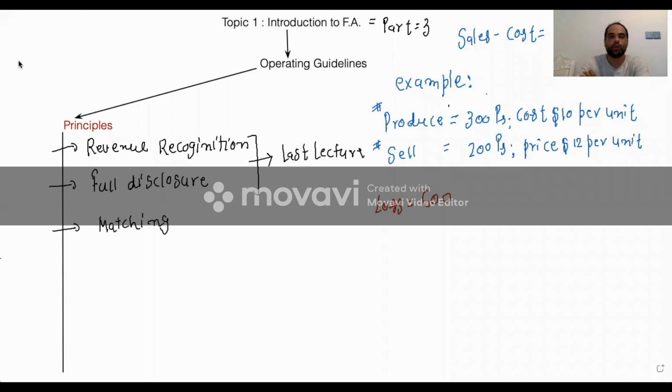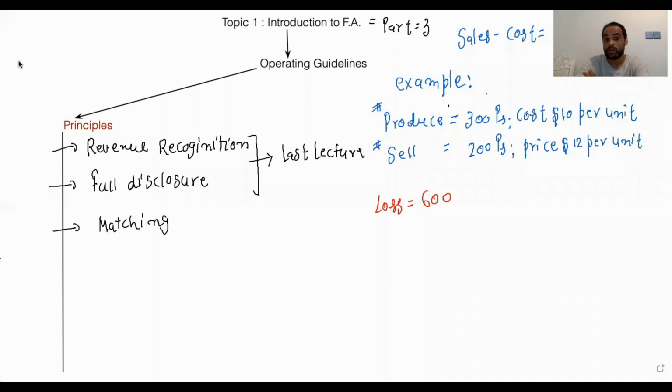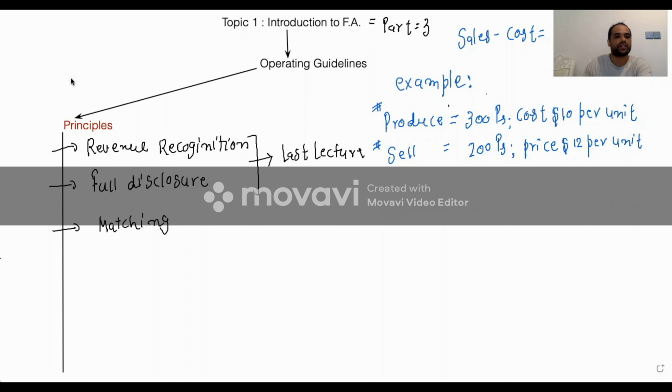Unfortunately, you all are wrong. That is the matching principle. So what is the right number? Obviously this is wrong. The right way is, we calculate sales.